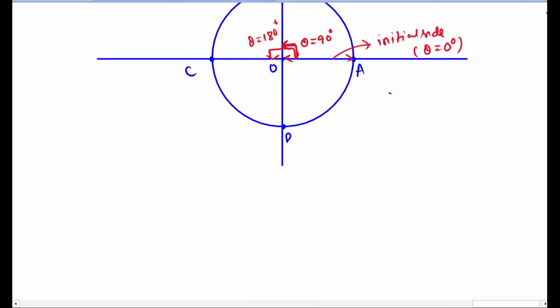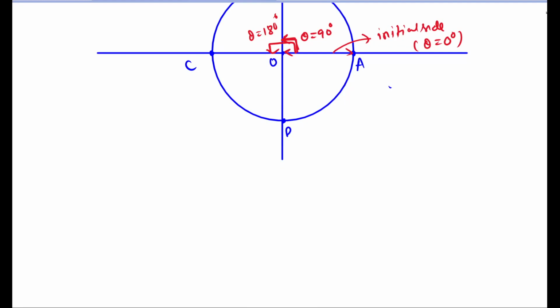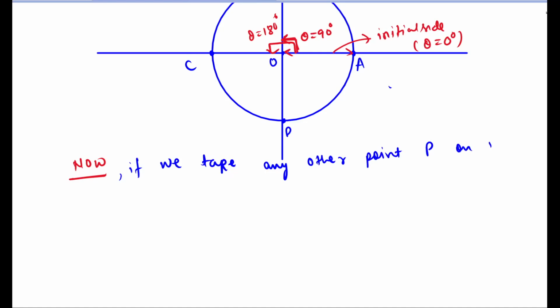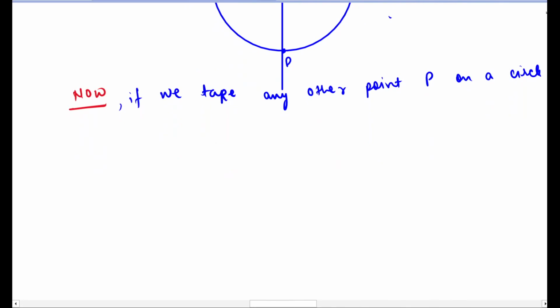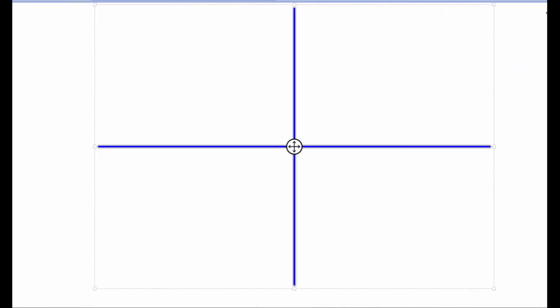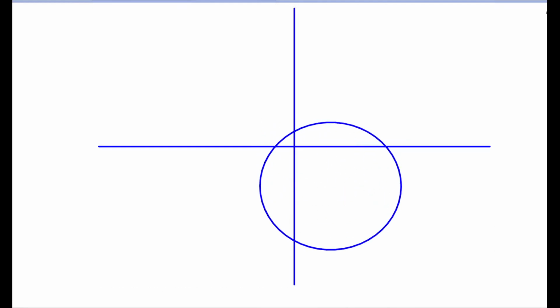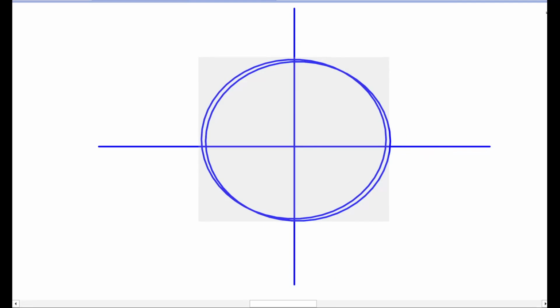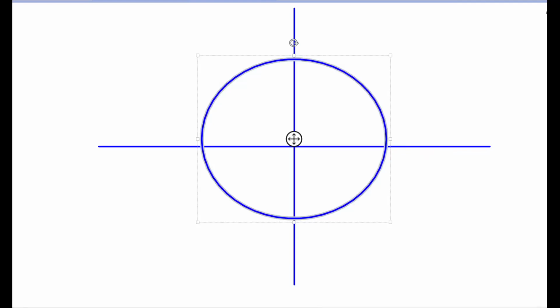Now if we take any other point P on a circle, so if we draw a Cartesian coordinate and we draw a circle, first we will mention the initial points.